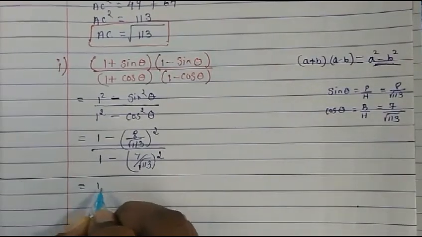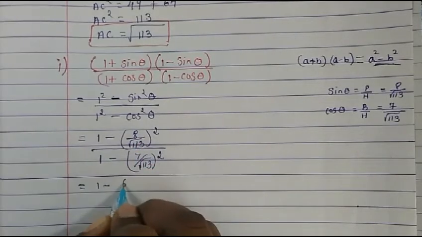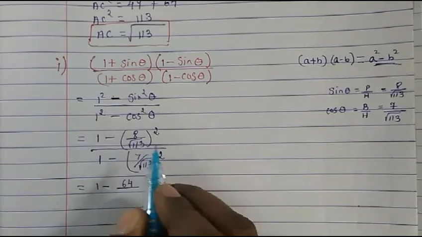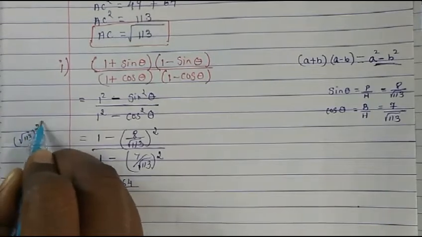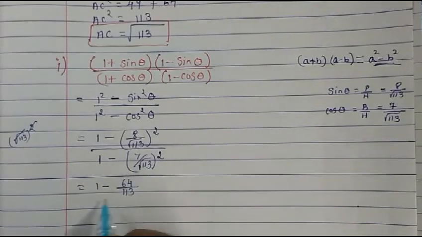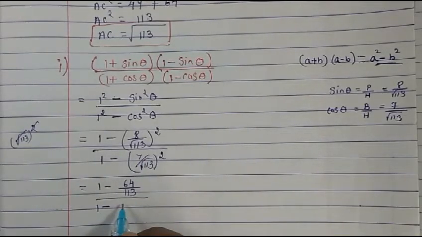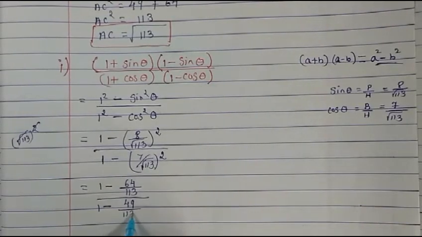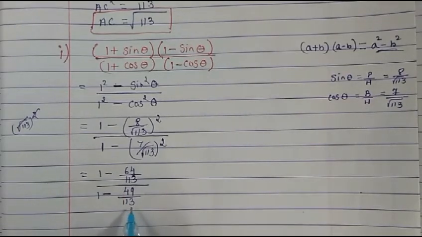Now 1 minus 8 square will give us 64, and under root 113 whole square: square cancels, so the under root also gets cancelled, and we get 113. Same way here, 1 minus 7 square will be 49, and this root will go, so 113. Here also in the denominator 113, here also in the denominator 113.